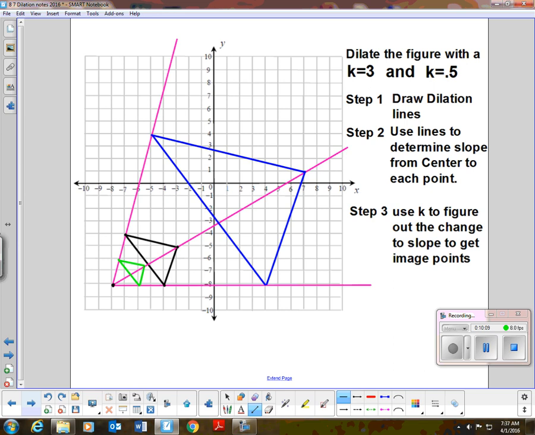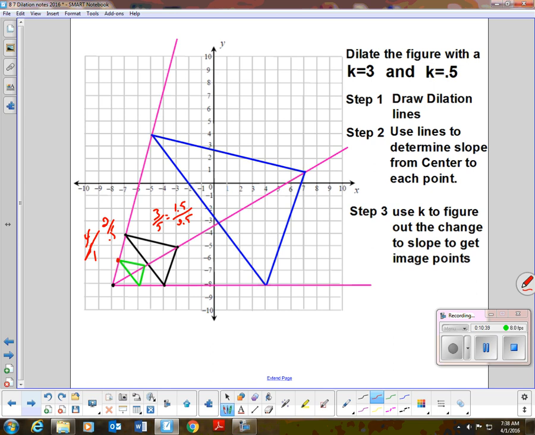Remember that the slope here was 4 over 1, so half of that would be 2 over 0.5. So 2 up and a half over would be here. This slope right here was 3 over 5, so half of 3 would be 1.5, and half of 5 would be 2.5.